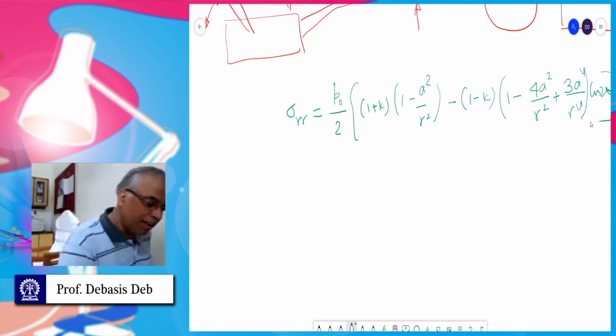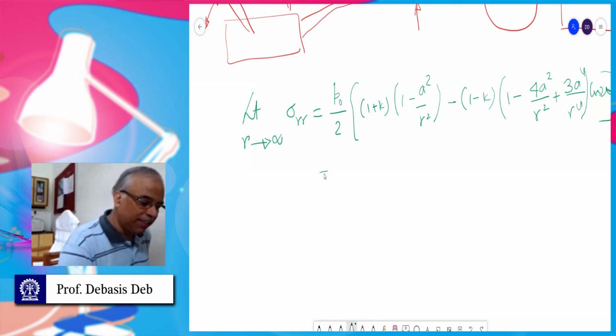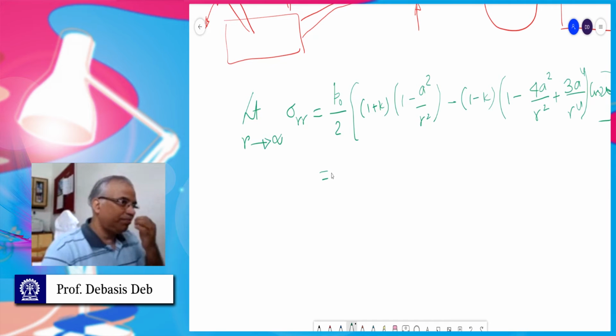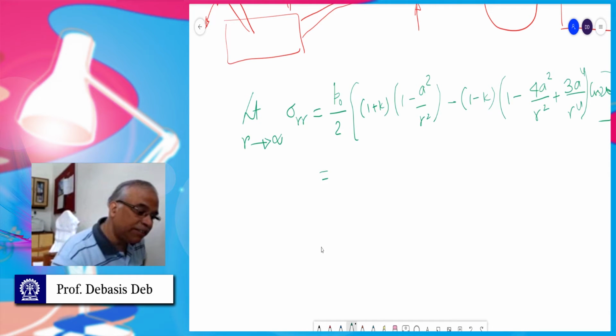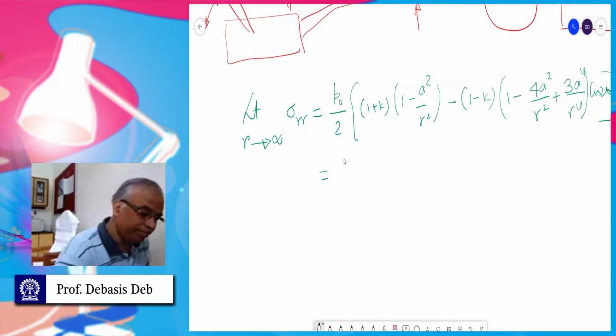Now, if I ask you to take the limit r tends to infinity, can you tell me what it is? Very simple limit. Just tell me what it is. P naught by 2 into 1 plus K minus what?